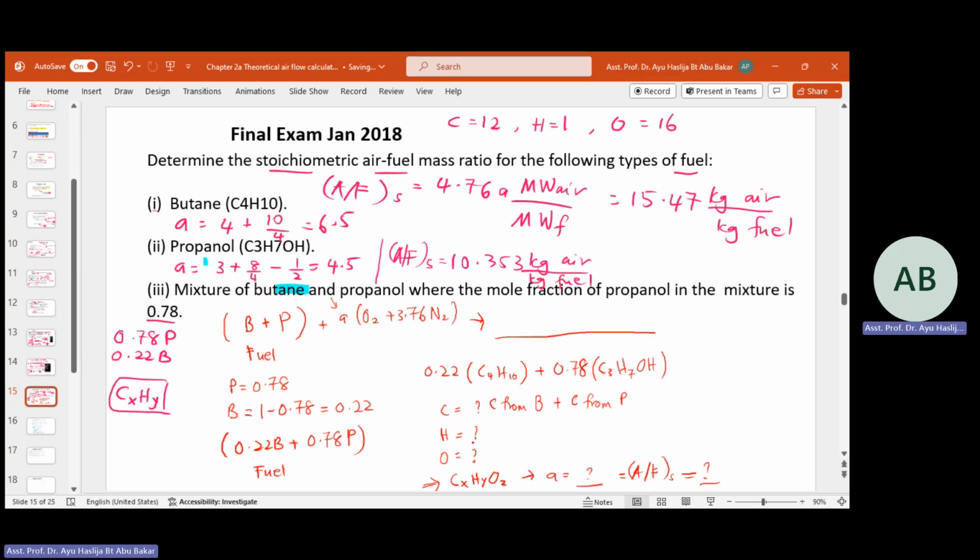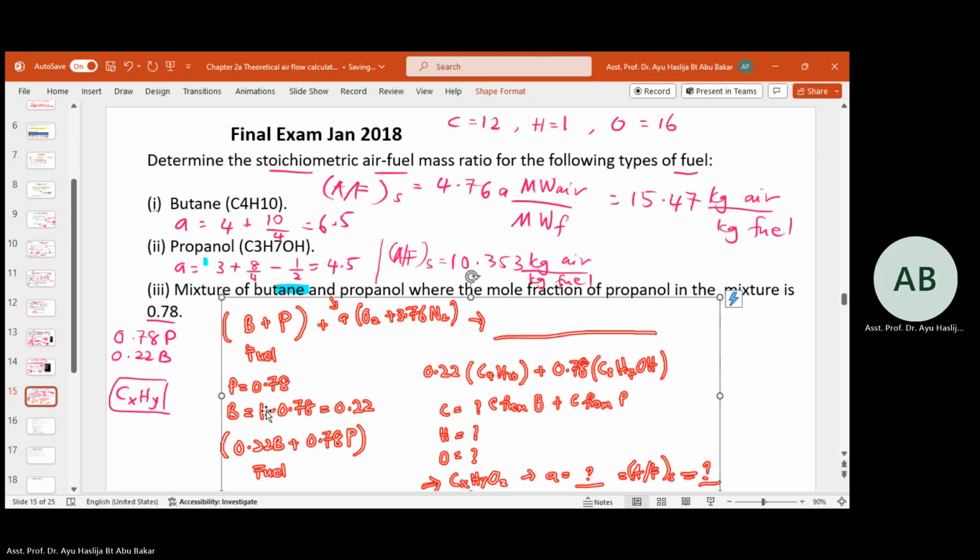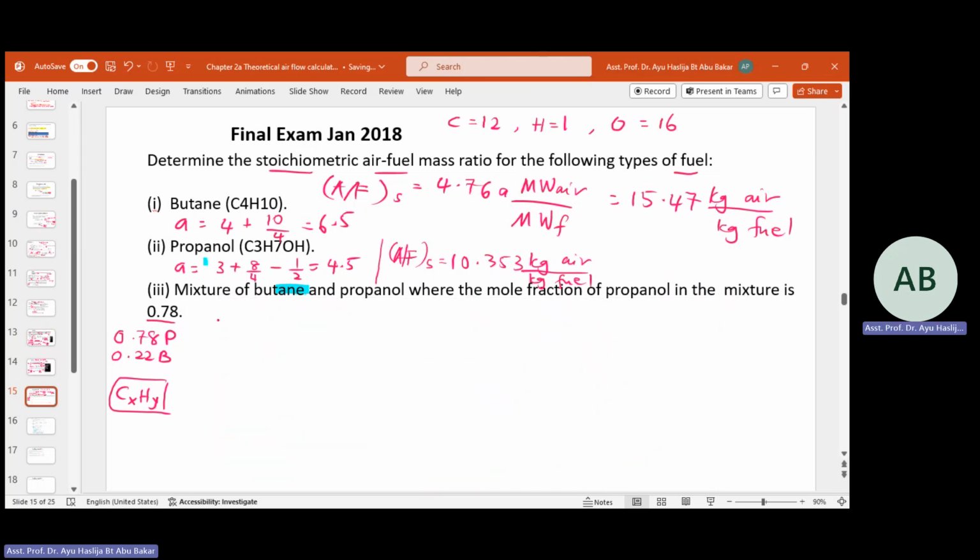Okay, so kita kena cari satu-satu. So C, dia ada 0.78 from the propanol. Okay, propanol tadi ini dia punya equation.